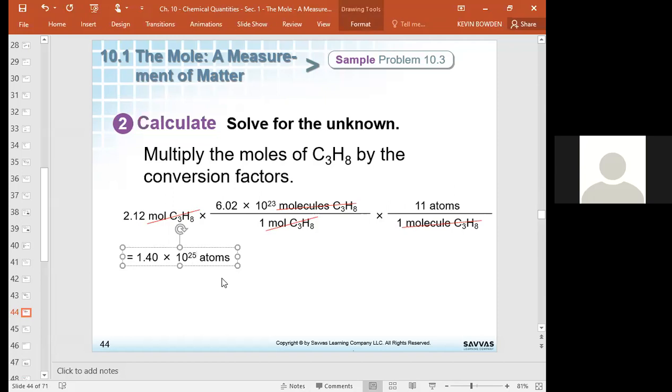I did that in my head, that's probably not right. 132, okay, so yeah, that's going to be 1.32 times 10 to the second. So they forgot to increase their power here from 23 to 25. Sheesh. This is why I always fix these things before I post them.